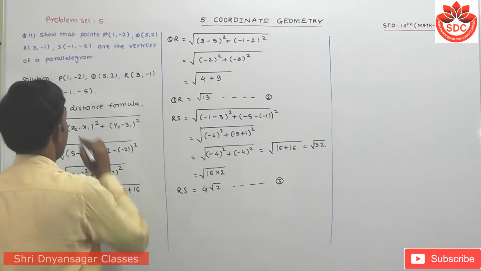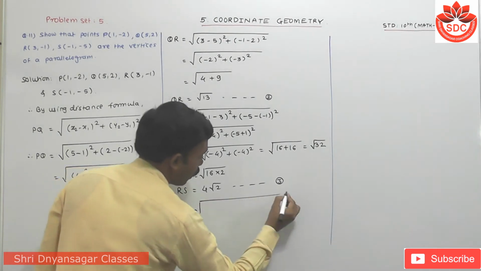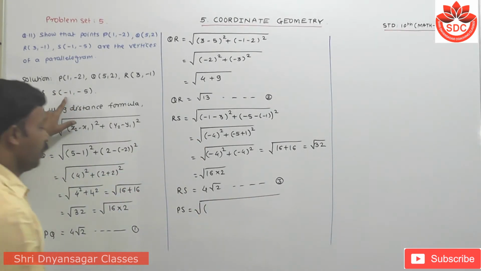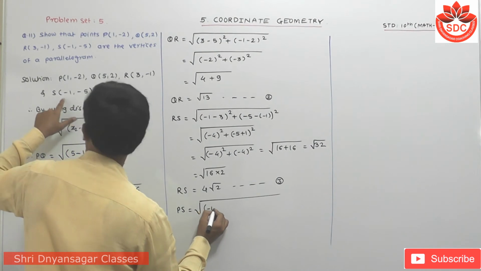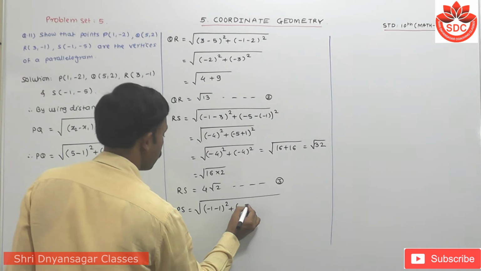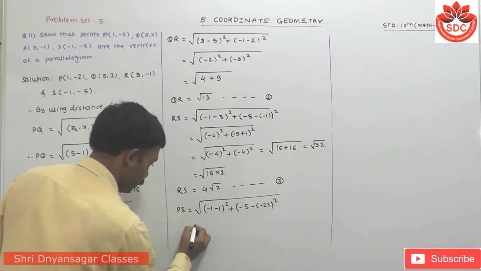Then PS. Again we use this formula, this is x1, y1, x2, y2. Then minus 1, bracket square, plus y2 is minus 5 minus 2, bracket square.